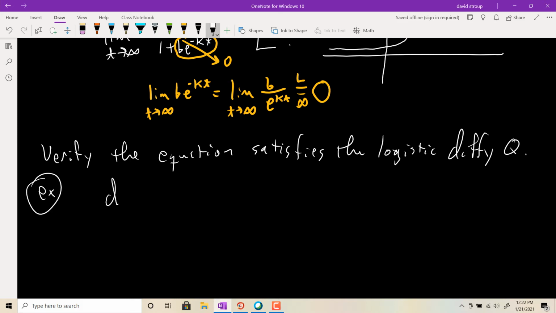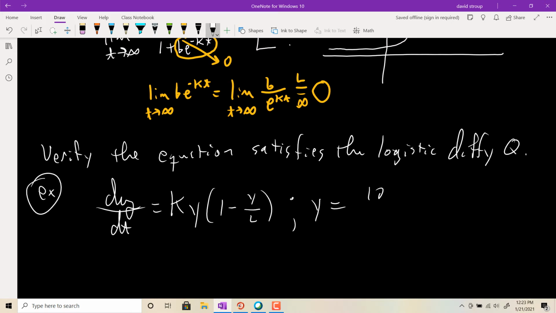The differential equation, of course, is dy over dt equals k times y times 1 minus y over L. And then we're trying to check if this logistic equation satisfies it.